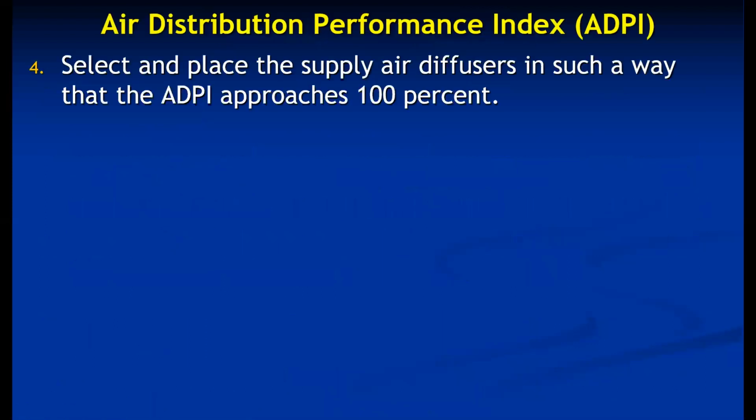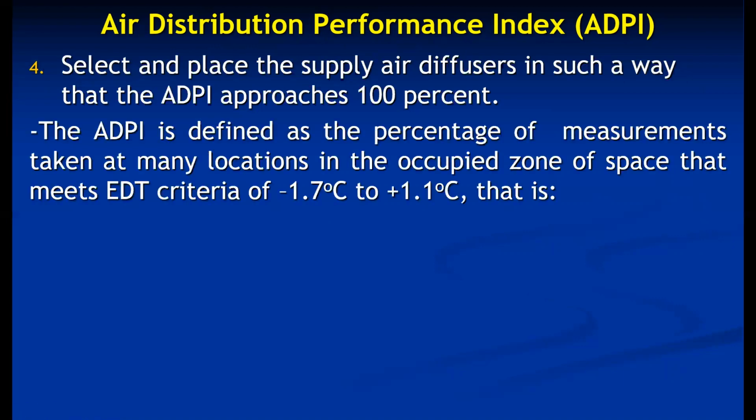Then select and place the supply air diffusers in such a way that the ADPI, the Air Distribution Performance Index, approaches 100%. The ADPI is defined as the percentage of measurements taken at many locations in the occupied zone of the space that meet the EDT criteria, that is, minus 1.7 degrees Celsius to 1.1 degrees Celsius.